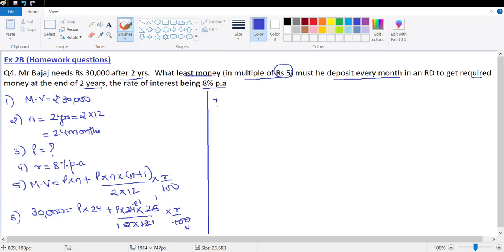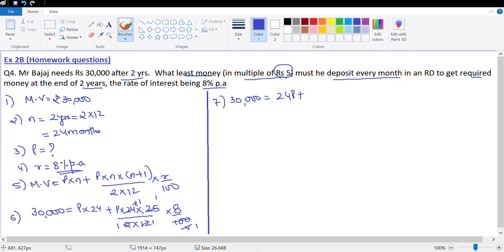So what we have is 30,000 is equal to 24p plus, r is 8. Why have I left it as r? This r is 8, because r is given as 8% per annum.